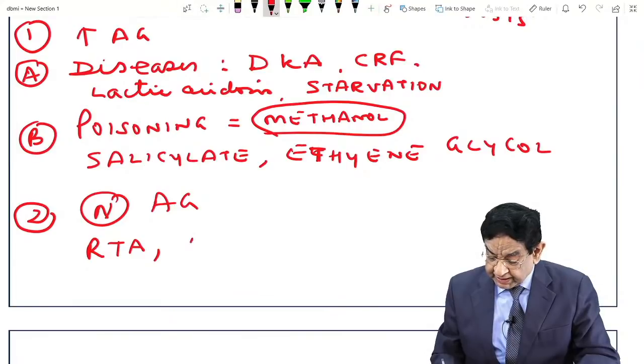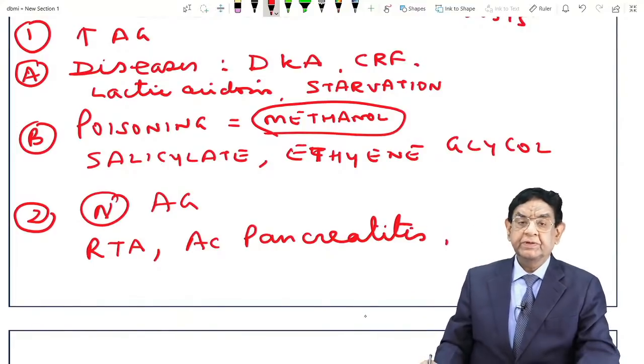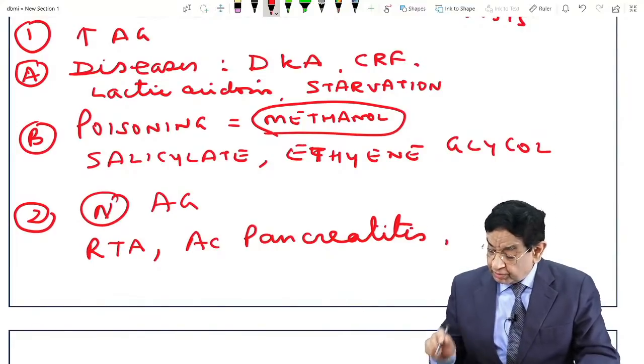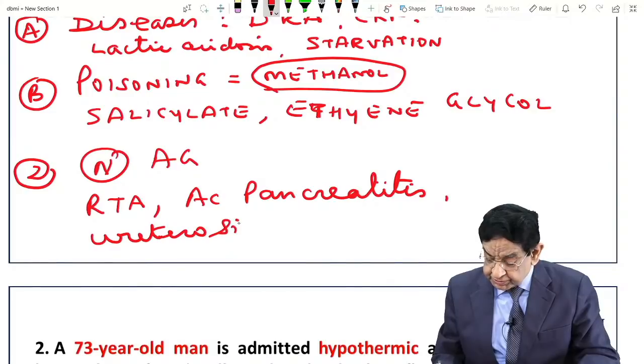It may also occur in acute pancreatitis. Okay, it may also occur in ureterosigmoid.